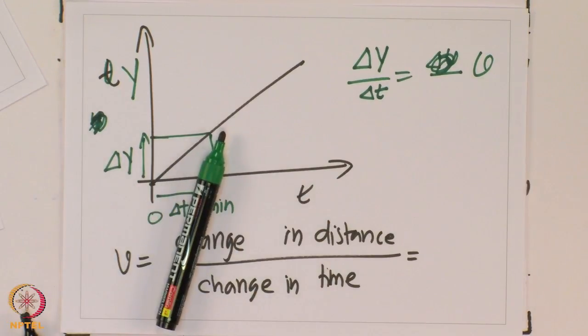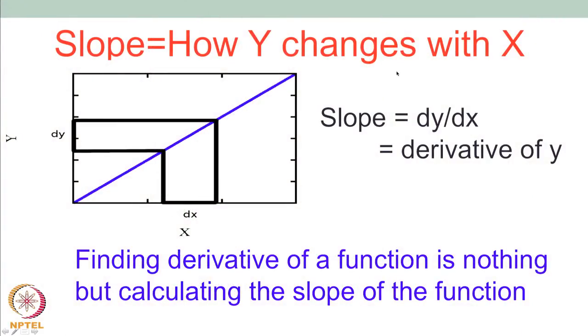So let us see the slope, how y changes with x. If you have a small range of x, how much did the y change? So dy by dx is called the derivative of y. Finding the derivative of a function is nothing but calculating the slope of a function.